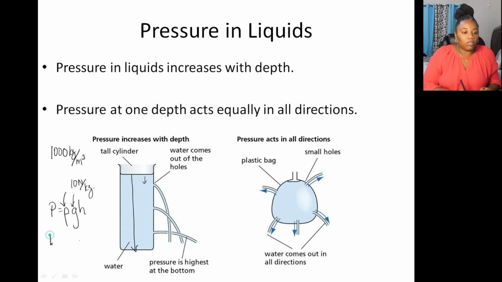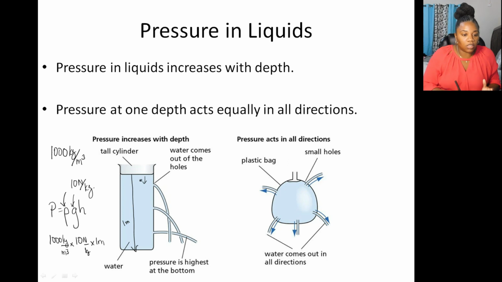So 1000 kilograms per meter cube times 10 newtons per kilogram times the height. Let's just say the height here is a meter. Then we're going to end up with 10,000, right?